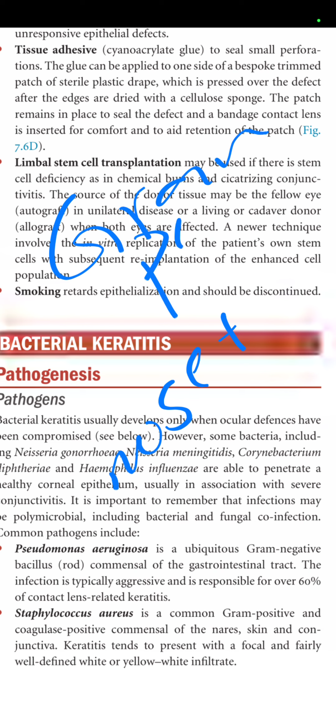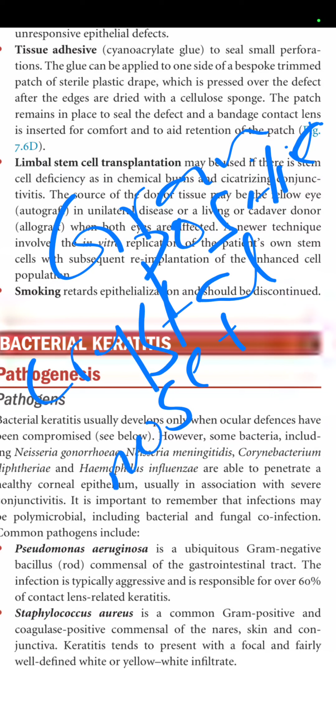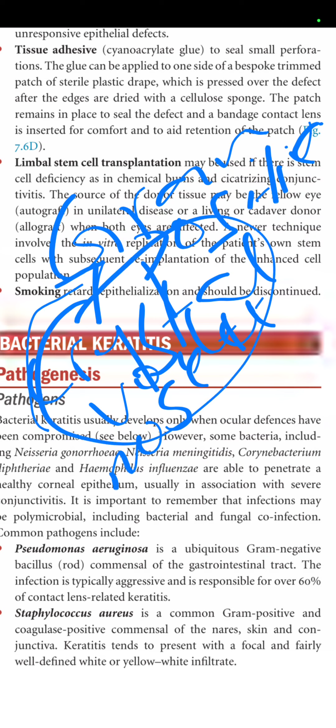If a bacterium takes up the crystal violet stain, it means that it is gram positive. If it does not take the color of crystal violet, then it is gram negative. So gram positive means they are purple in color, whereas gram negative are pink in color.